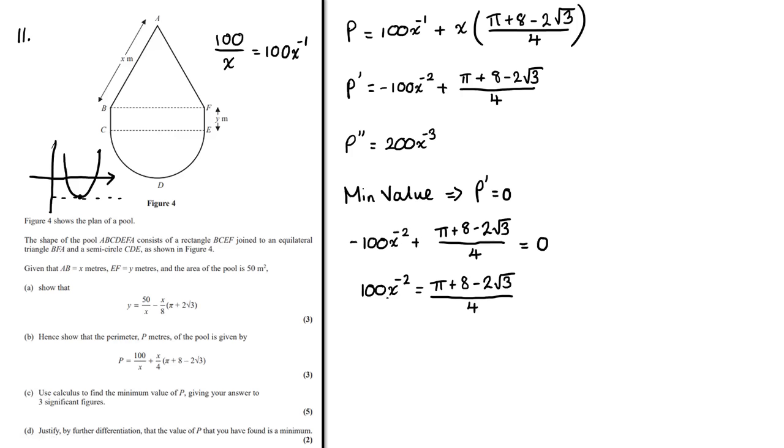Okay, and this 100x to the minus 2, just like we did here, that was 100 over x for 100x to the minus 1. So in that case, that would be 100 over x squared. Okay, so I get 100 over x squared is equal to this expression, pi plus a minus 2 root 3 all over 4. And we're looking to solve for x here.